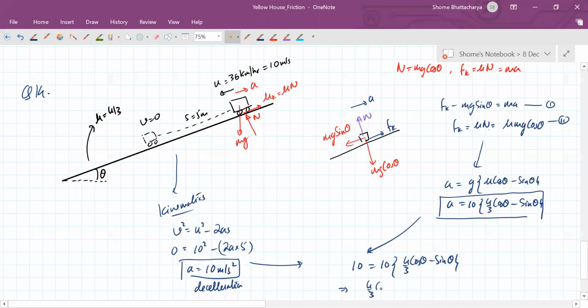So that means 4 by 3 cos theta minus sin theta should be 1.